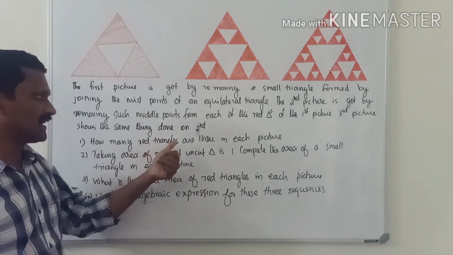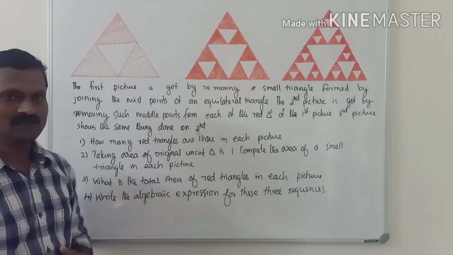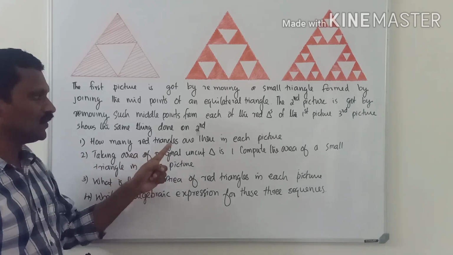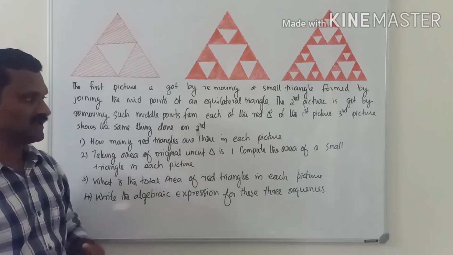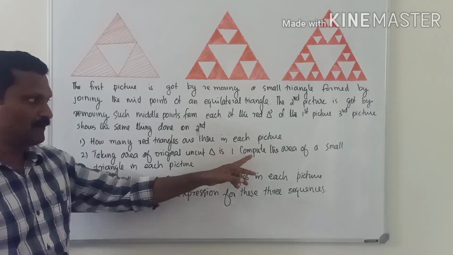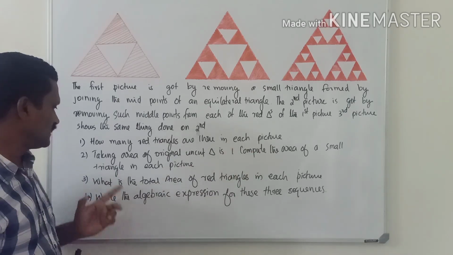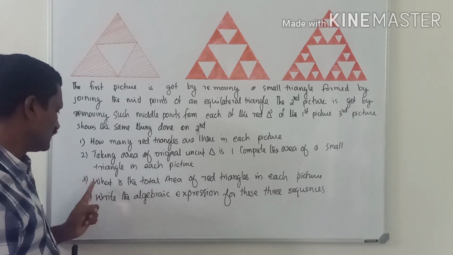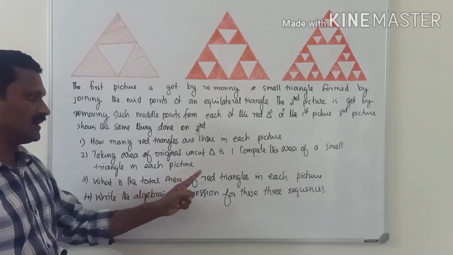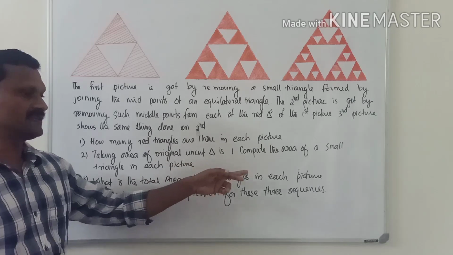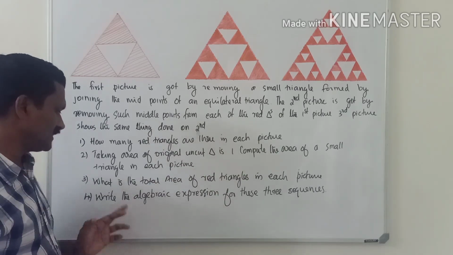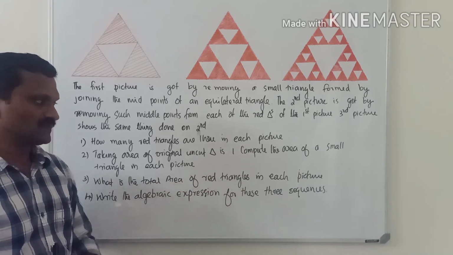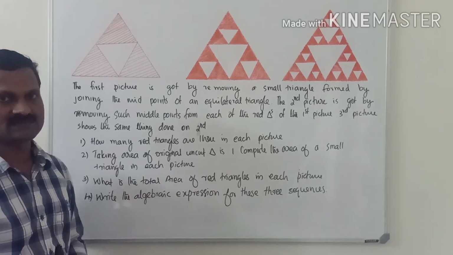How many red triangles are there in each picture? Taking area of original uncut triangle as 1, compute the area of small triangle in each picture. What is the total area of red triangles in each picture? Write the algebraic expression for these three sequences.